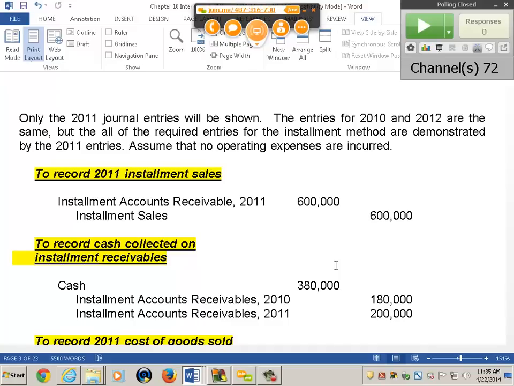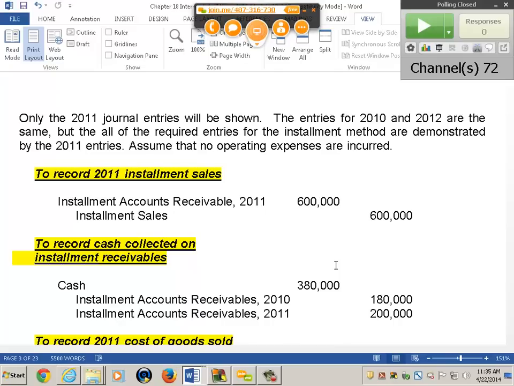Cash receipts, however, again, getting back to the question I just had, you get a debit to cash for $380,000, but the installment sales receivable, the credit has to be by individual receivable. Now, of course, on the balance sheet, we're going to get to an example, everything is grossed up, so you're not going to see the years, but that has to be done internally.